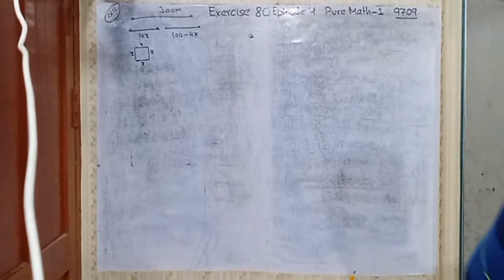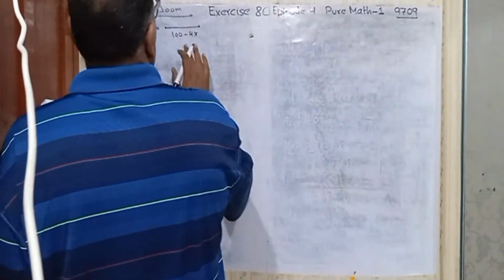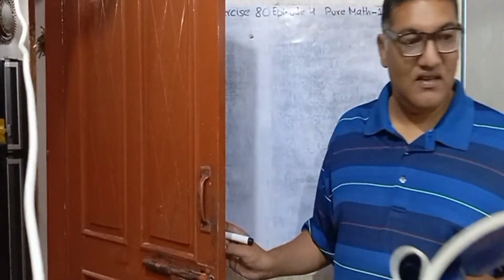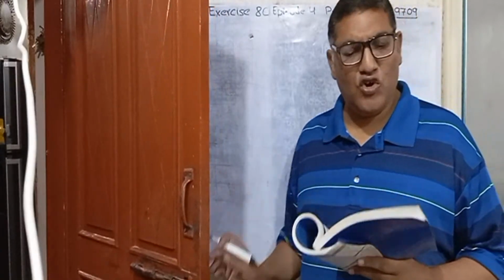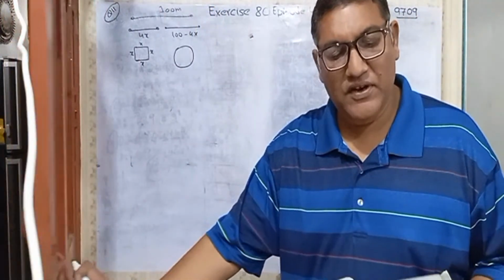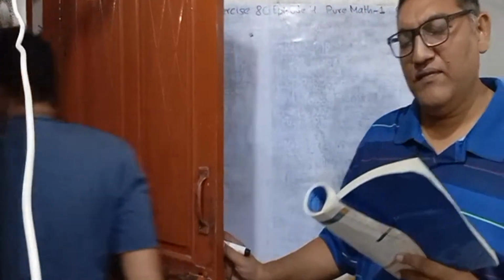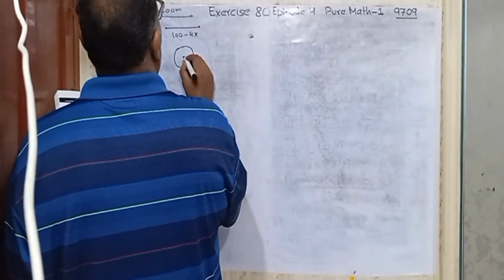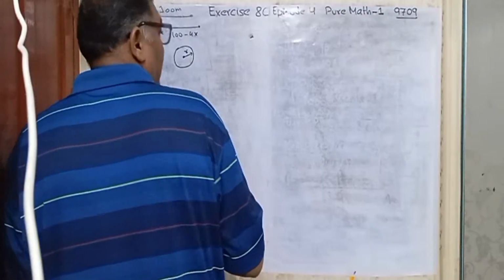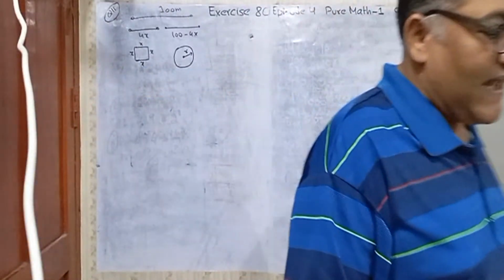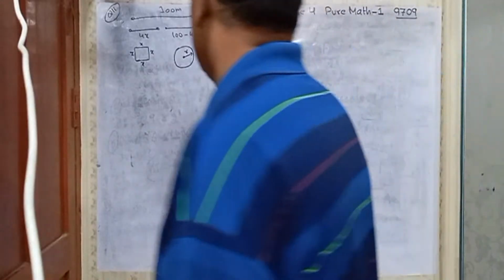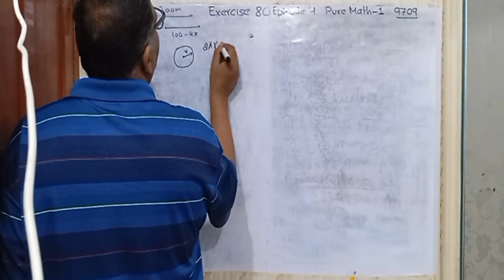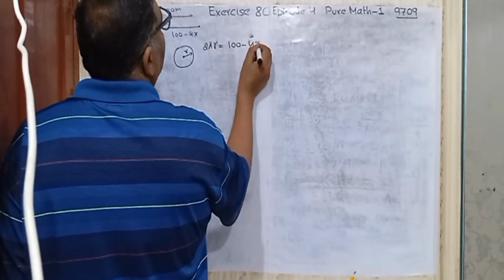So what we will do, with the rest of the piece, we made a circle, and the circle has a radius r. The perimeter of this circle will be 2 pi r, and that will be equal to 100 minus 4x.